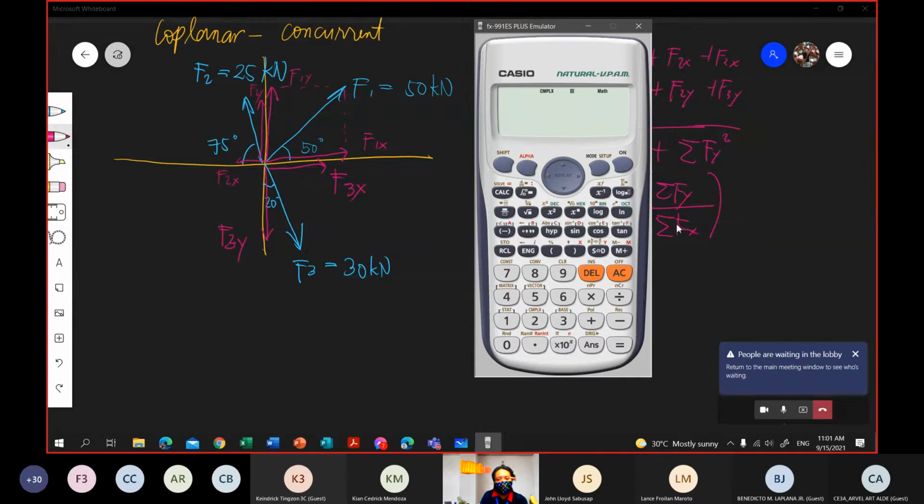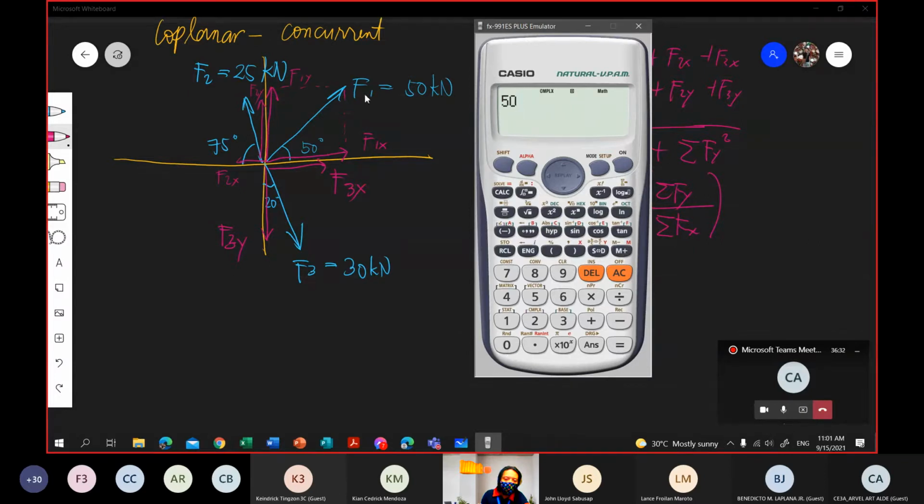Okay? So the given are three forces, right? What we will do is, how do we input F1? The magnitude of F1 is 50, so you input here 50.